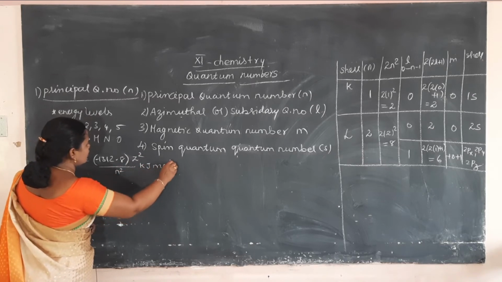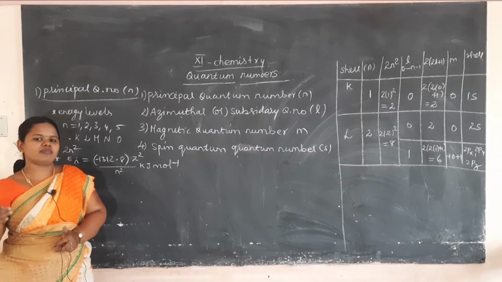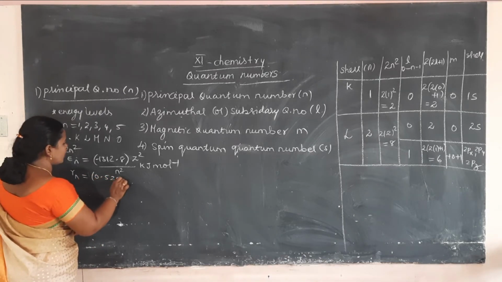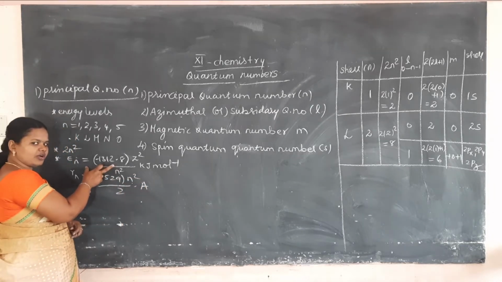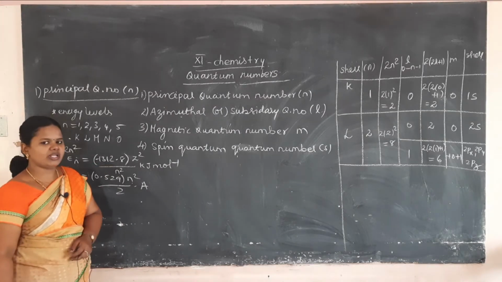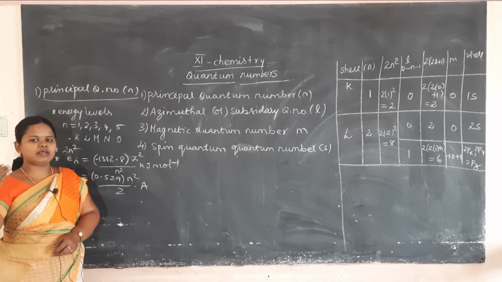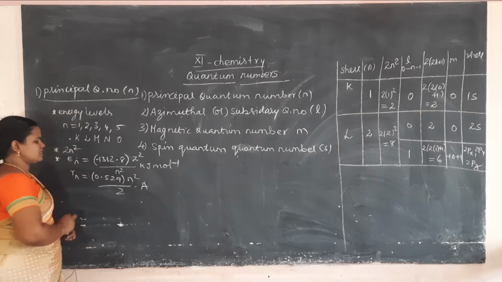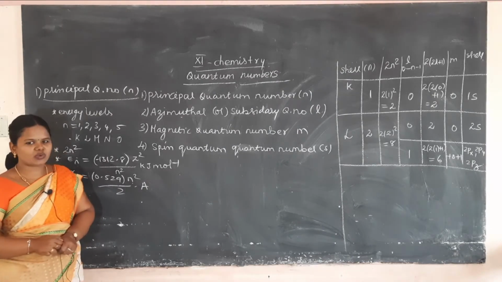Then the radius of the electron, or the distance of the electron from the nucleus, is given by the term Rn is equal to 0.529 n squared by Z into A.